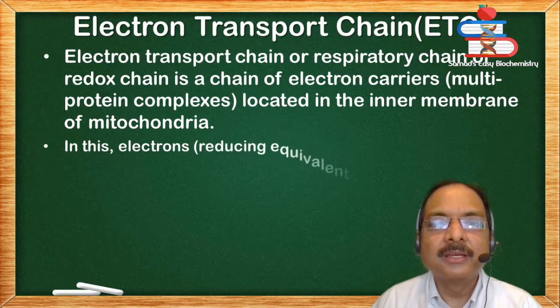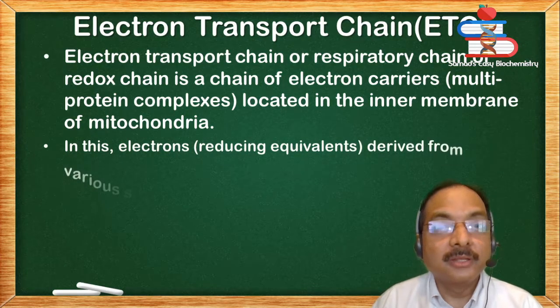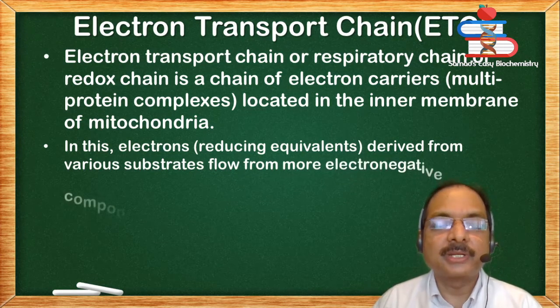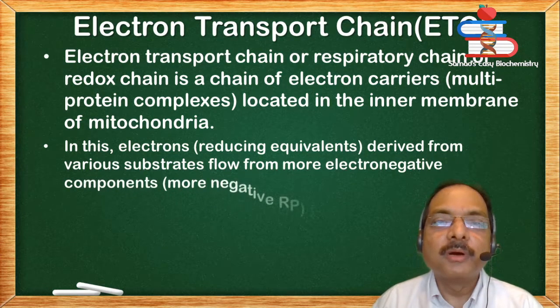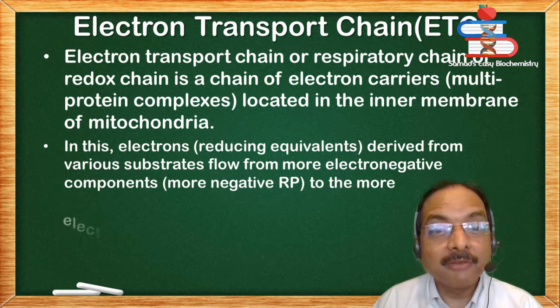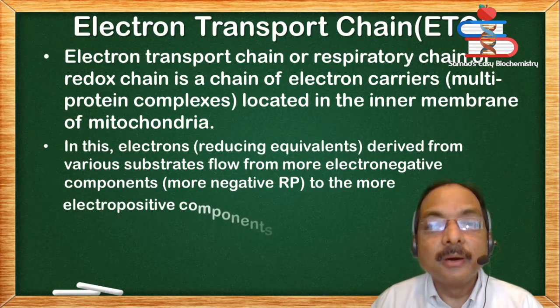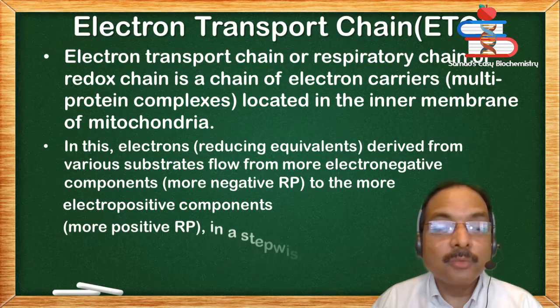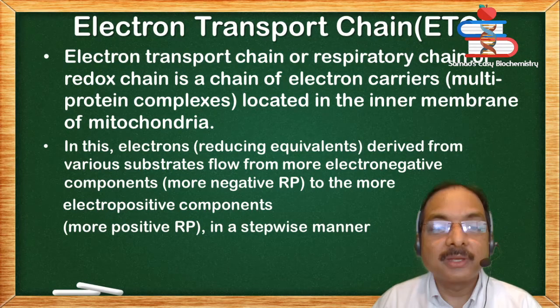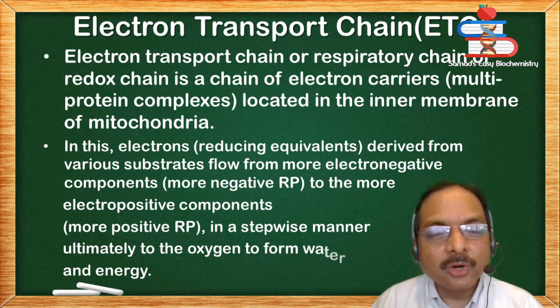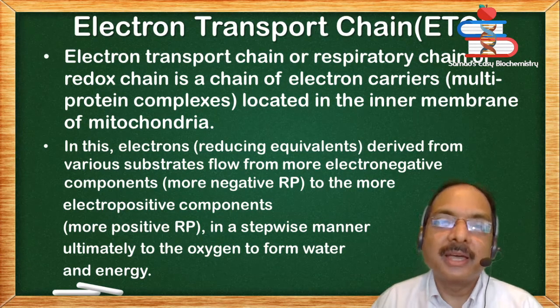In this, electrons or the reducing equivalents derived from various substrates flow from more electronegative components, that is more negative redox potential, to more electropositive components, or more positive redox potential, in a stepwise manner, ultimately to the oxygen to form water and energy.